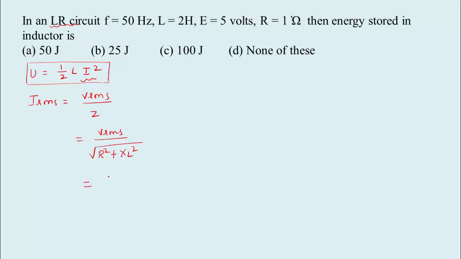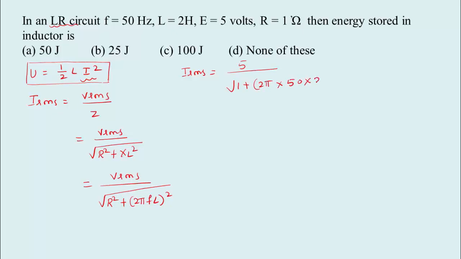Substitute the value of XL, in place of XL we can write omega L, and omega is equal to 2 pi F, so Vrms divided by root of R square plus 2 pi F L whole square. Substitute the values: I RMS equal to 5 divided by root of 1 square, 1, plus 2 pi into 50 Hz into 2 Henry whole square.